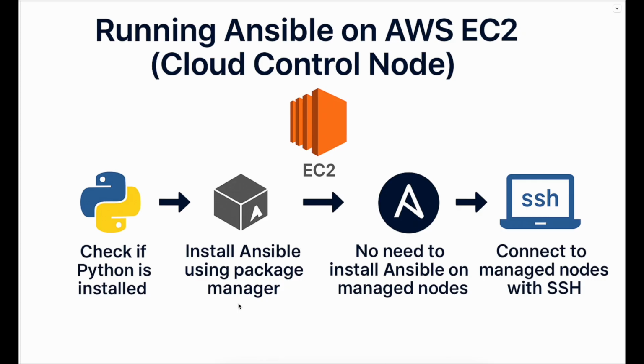And here is something really nice. You don't need to install Ansible on any of your managed nodes. Those target machines, the ones you are managing, just need SSH access.